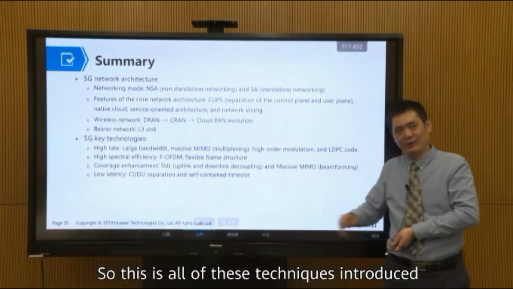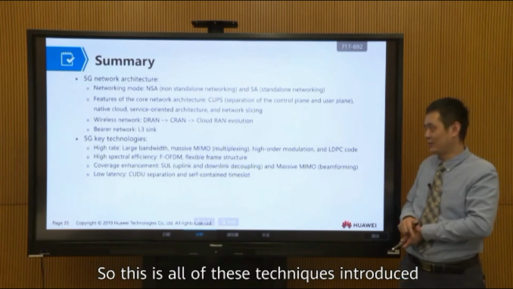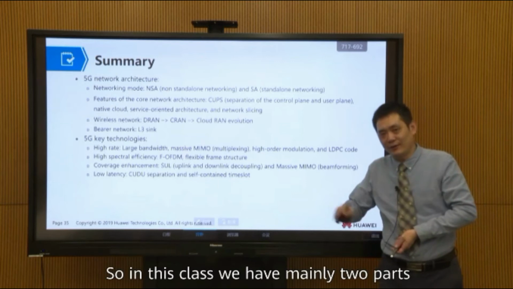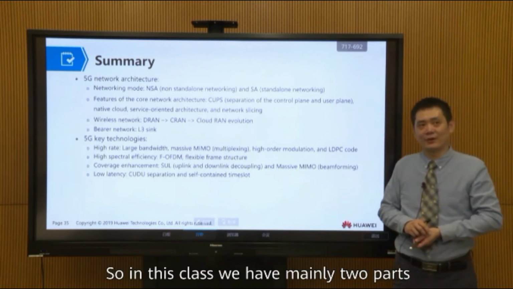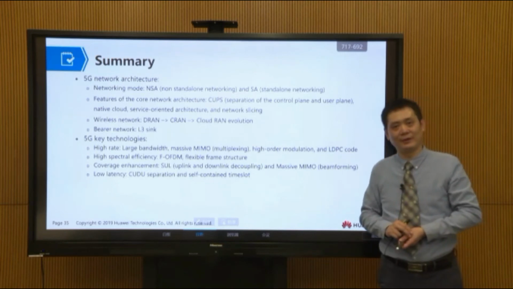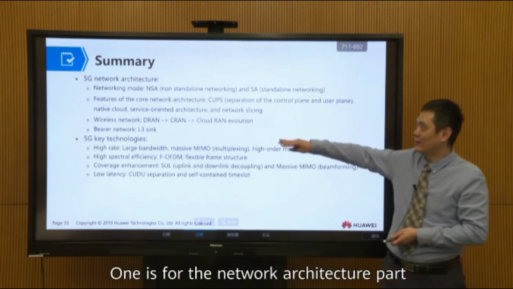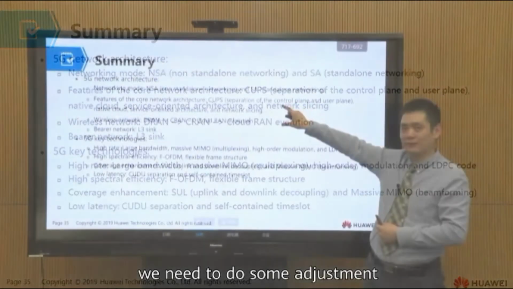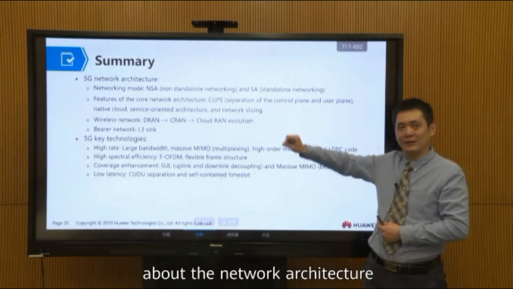So these are all the techniques introduced. In this class, we have mainly two parts. One is the network architecture part. To realize 5G's purpose, we need to make some adjustments to the network architecture.